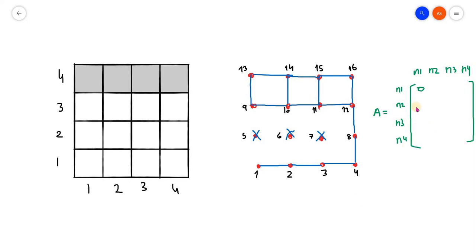I just realized that to represent this graph, this matrix should be of size 16 by 16. Okay, so 16 rows and 16 columns, which is difficult to do manually. It will be much more difficult.